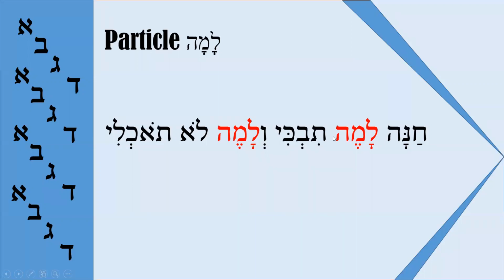Do you see the first letter tav? The letter tav is very rare as part of a root, because most probably it is just a prefix, a preformative. So we remove the tav. What do we have? Bakha, yes, not bahar, to choose. It's a root with a third hey, and bakha means to weep or to cry.